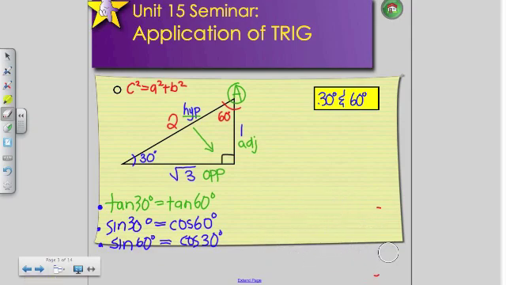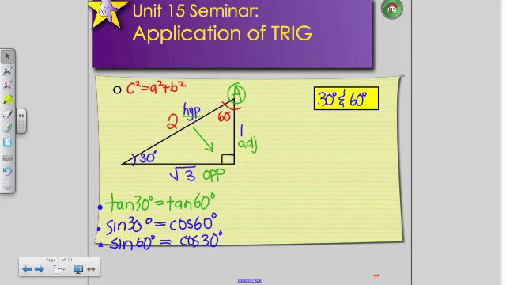I do not want to see you converting 1 over root 3 over 2 into decimals. Whenever there's trigonometry, I do not want to see decimals on your assignments or your tests. You'll get 0 marks on your test, nothing for your assignment. So make sure you keep it in whole number form, fraction form, or radical form.